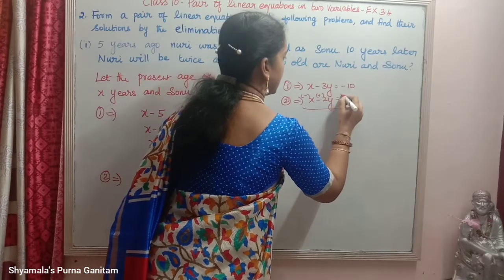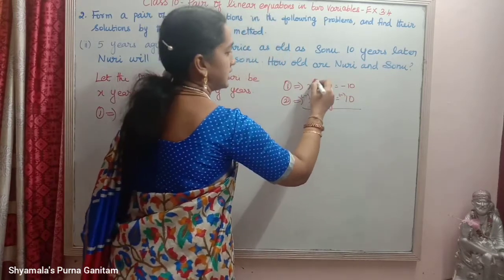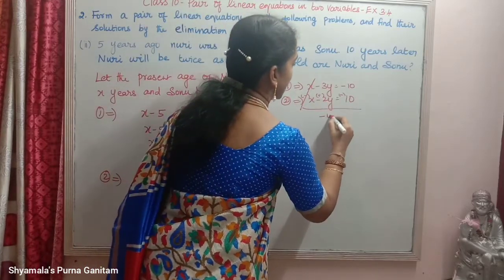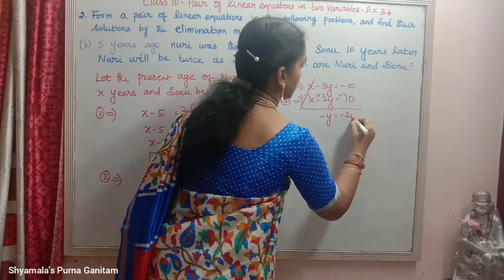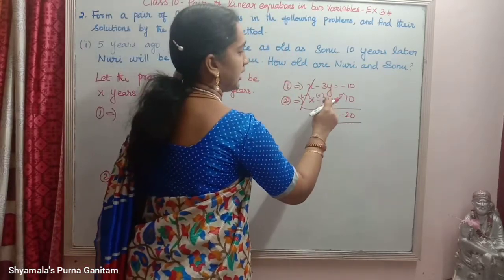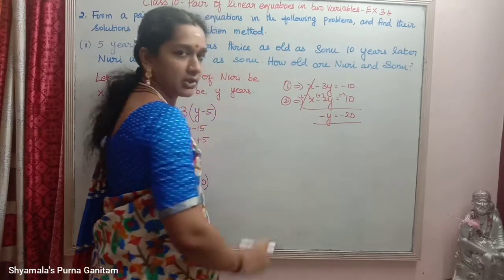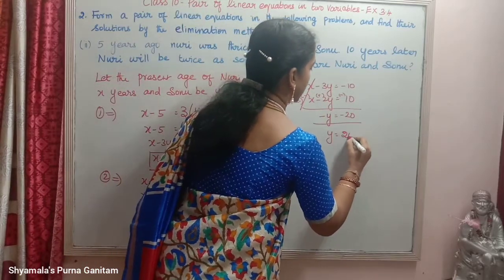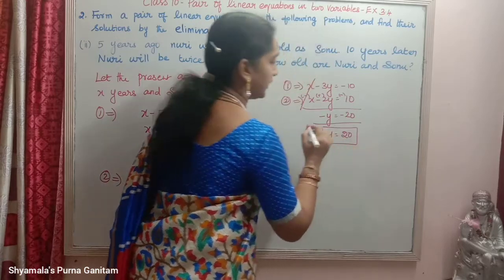If we subtract both the equations, this x will get eliminated and we get minus y is equal to minus 20. Okay, so minus 3 plus 2, unlike sign subtraction. So minus y is equal to minus 20, so y is equal to 20. This is the y value.